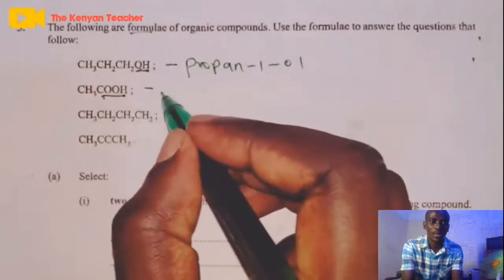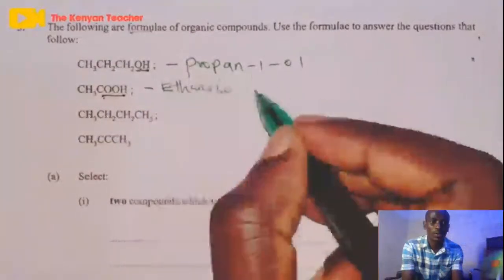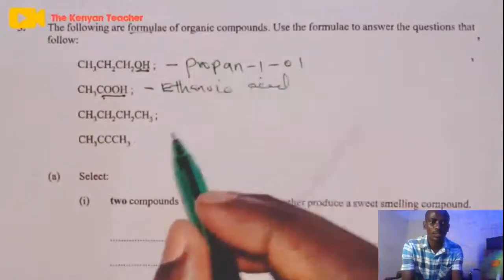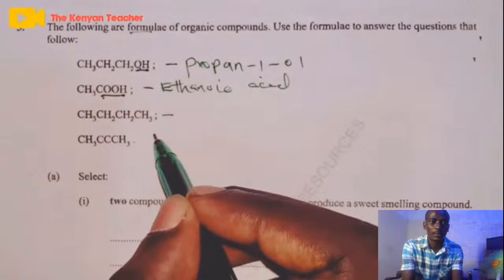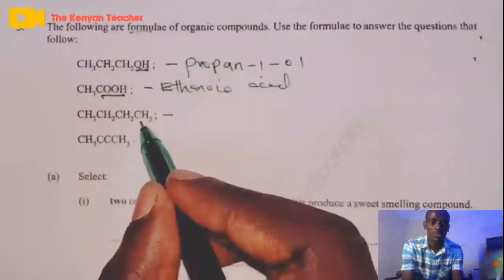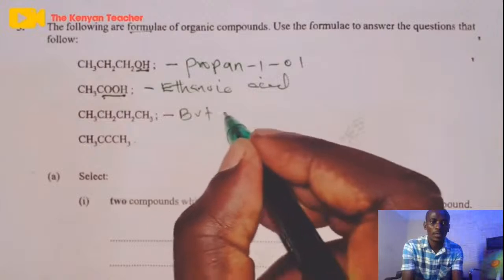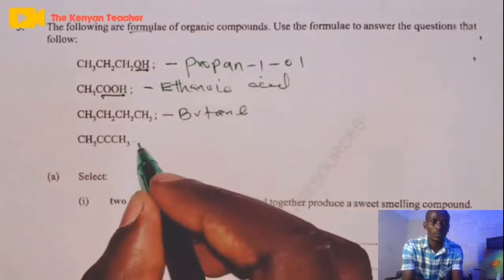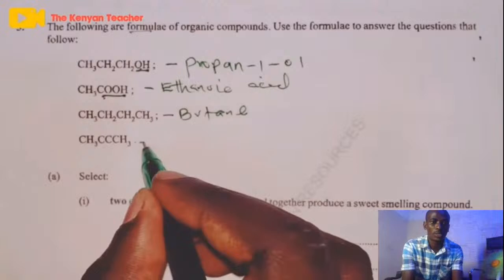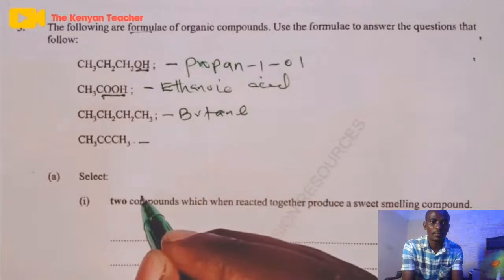Then number 2 here is supposed to be ethyl, with this hydroxyl group, that's ethanoic acid. This is an acid. If you come to this one here, this is butane, and it has a double bond.